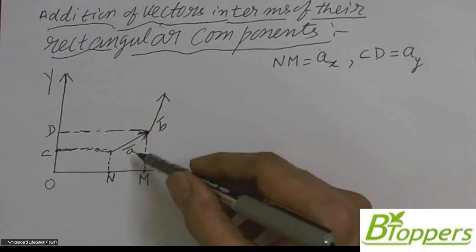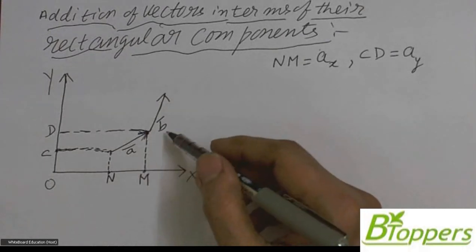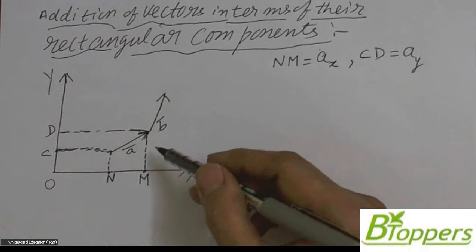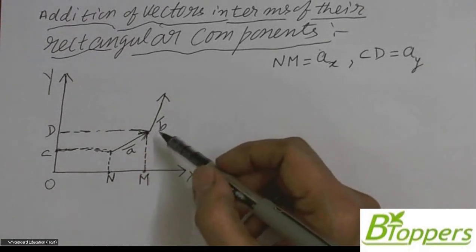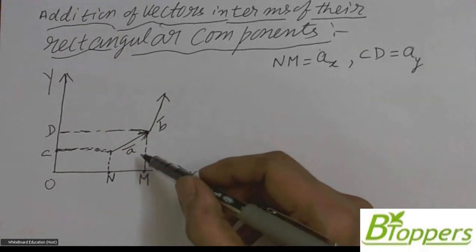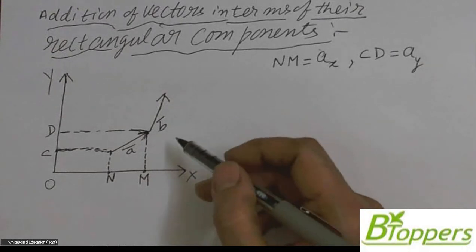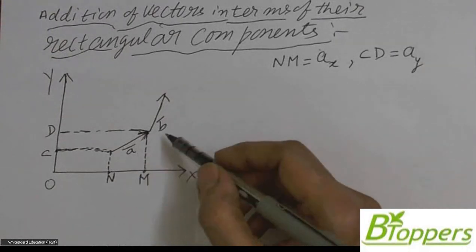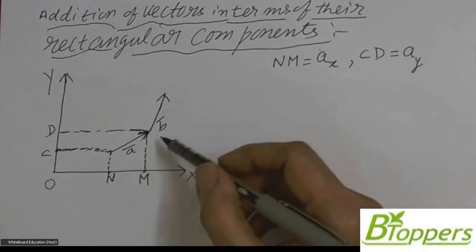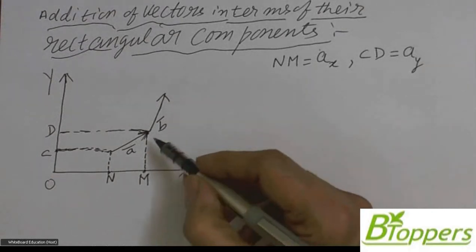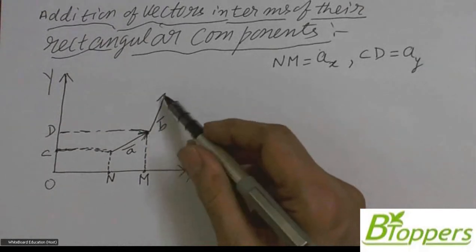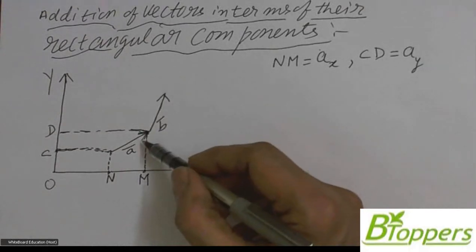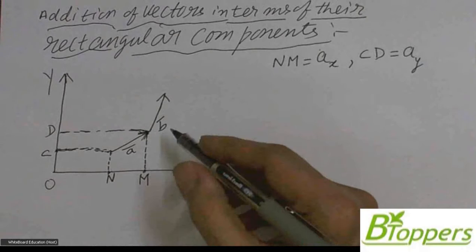That means both vectors may be displacement vectors, or the two vectors may be two forces, or the two vectors may be two velocities. That means two vectors corresponding to the same physical quantity. Only then we can add the two vectors. Let us suppose the tail of the vector b bar is attached to the head of the vector a bar.